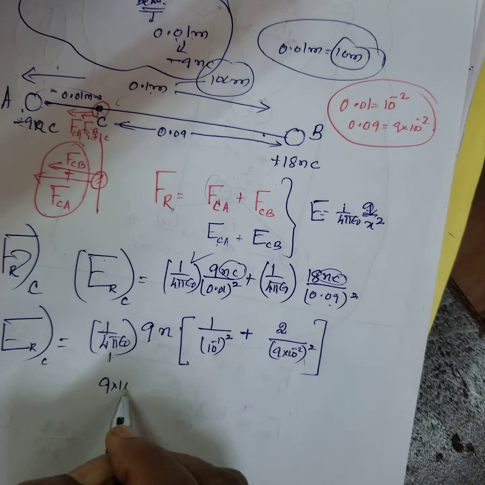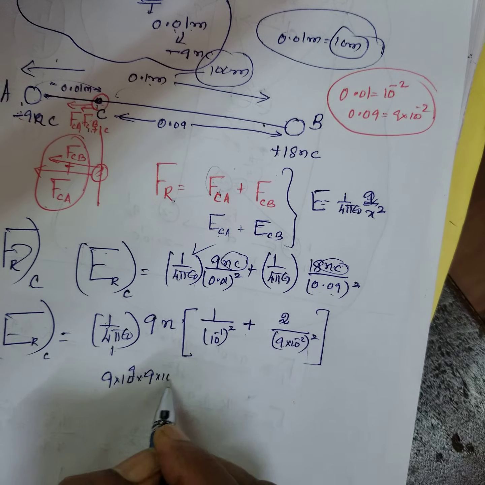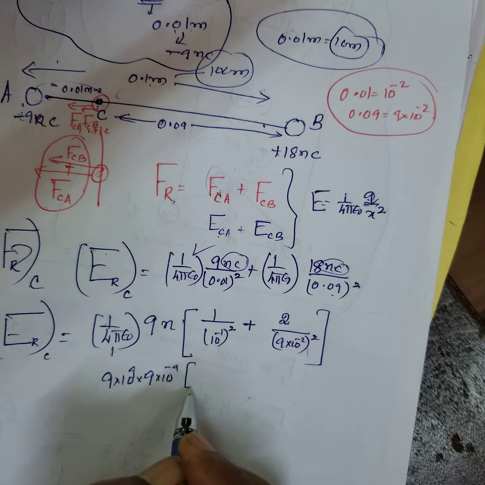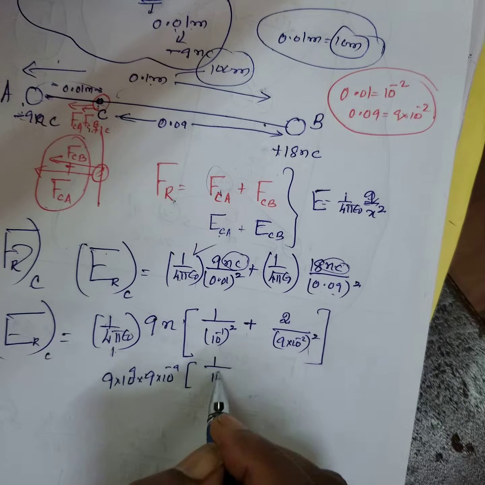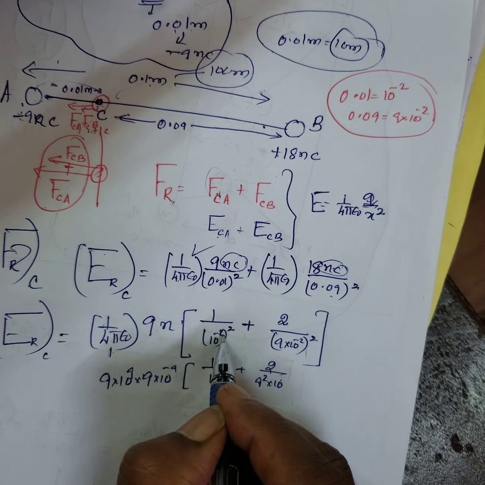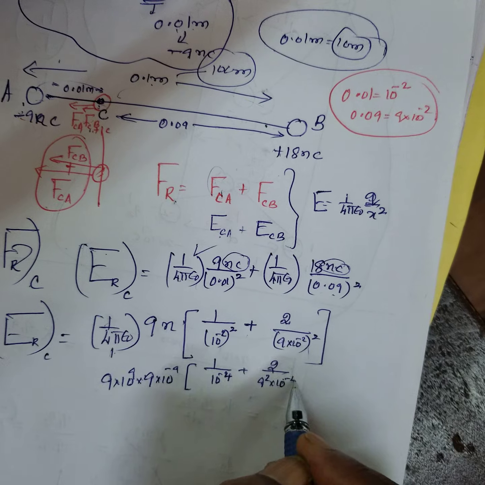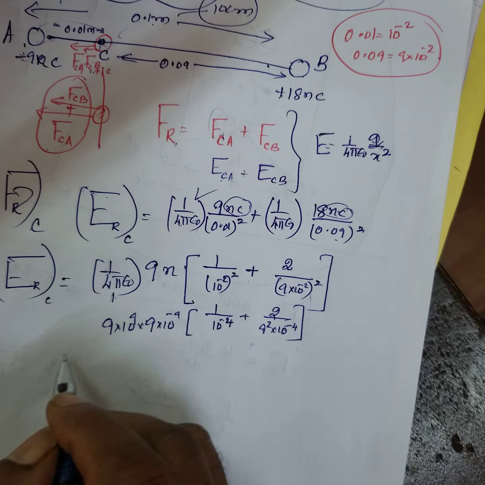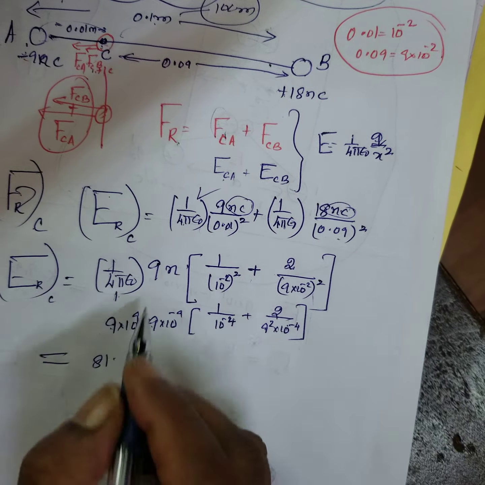What is this value? 9 into 10 to the power of 9, into 9 into 10 to the power of minus 9 for nano. Here 1 by 10 to the power of minus 2 whole square, that is minus 4, plus 2 by 9 square into 10 to the power of minus 4. 9 nines are 81, so that goes off.